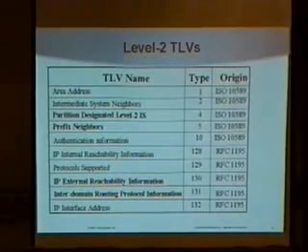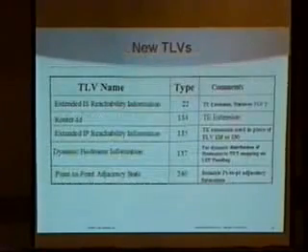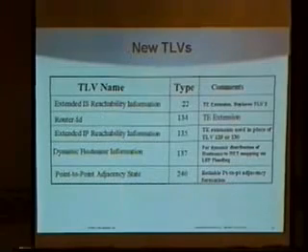And then there are new TLVs here which are supposed to make our lives easier, a lot of it for IS-IS extensions for traffic engineering, MPLS traffic engineering. So there's TLV 22, router ID TLV 134, 135 is a very big one, and then there's 137, and then 240 for point-to-point reliable distance information.